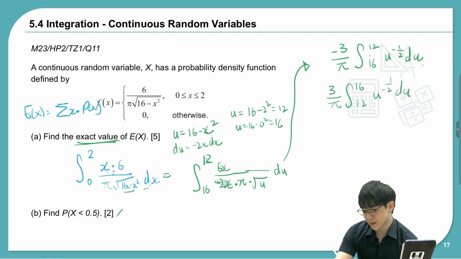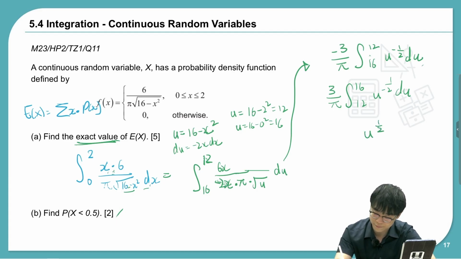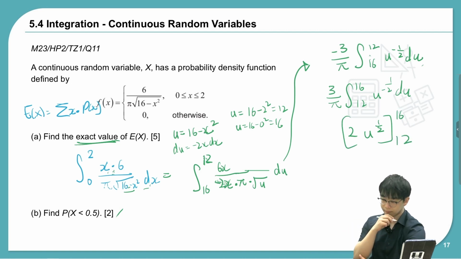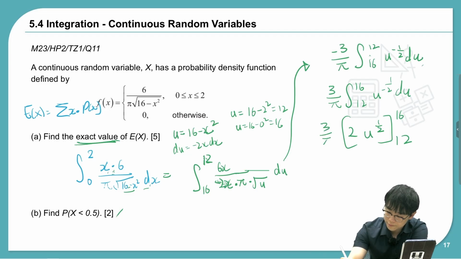If we integrate this, we add 1, so u to the power of negative 1/2 becomes u to the power of 1/2, and then we'd have a 2 in front. In definite integrals, we put this from 16 to 12, and then we'd have 3 over pi at the front.